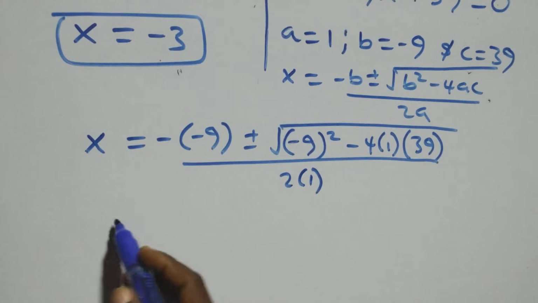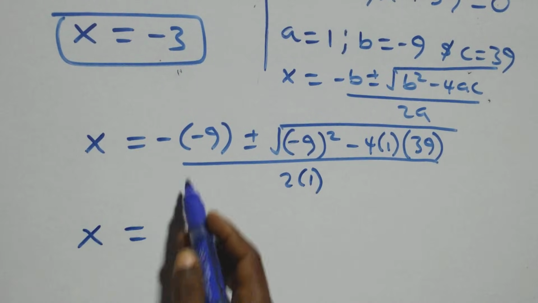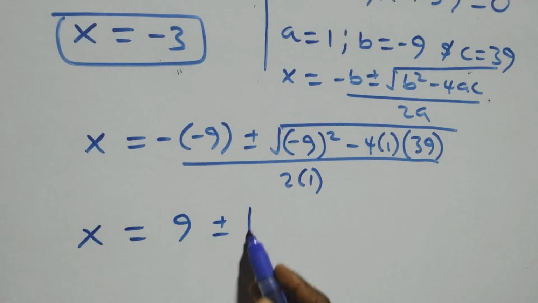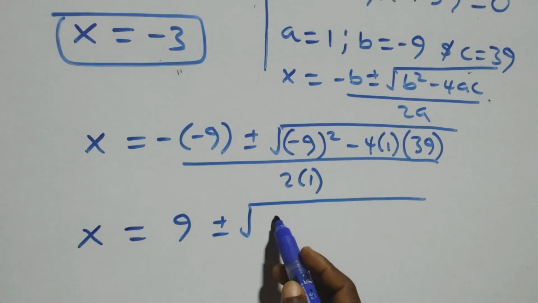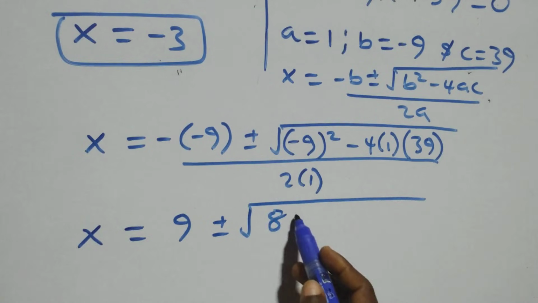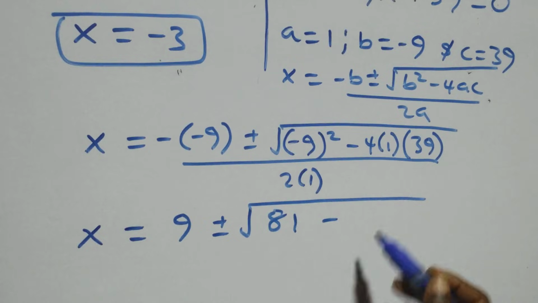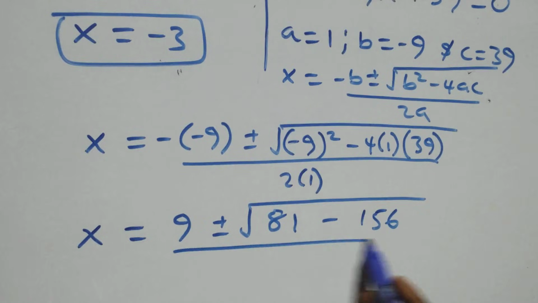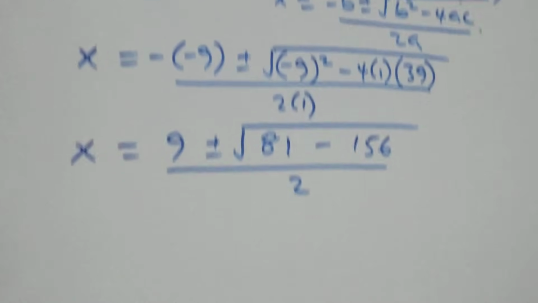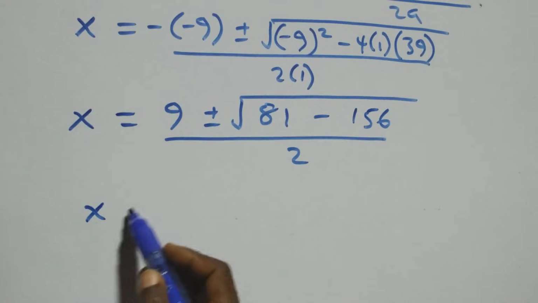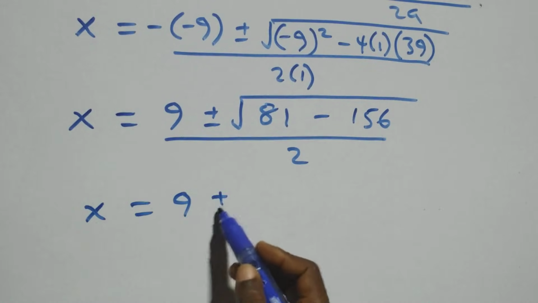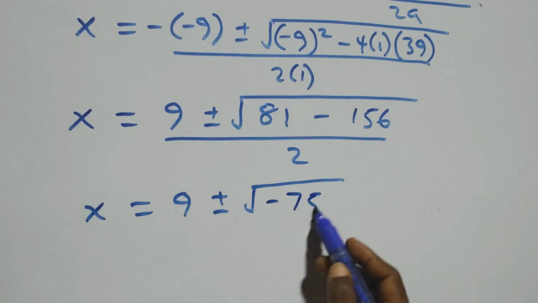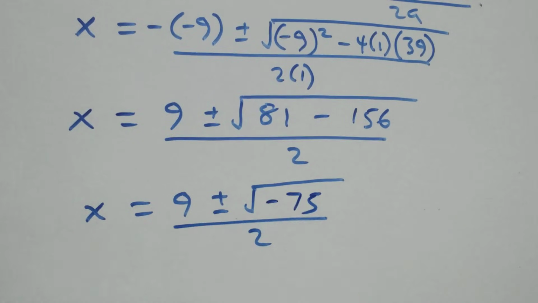Then x equals, minus times minus is plus, 9 plus or minus square root of (minus 9) square, that's 81, minus 4 times 1 times 39, we have 156, all over 2. Then x equals 9 plus or minus square root of 81 minus 156, that's minus 75, over 2.